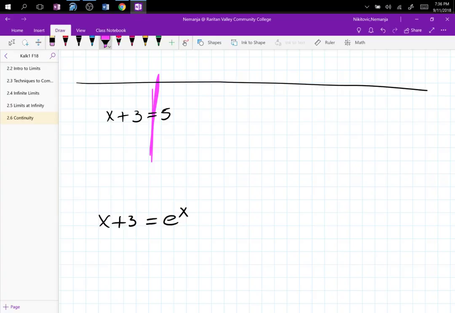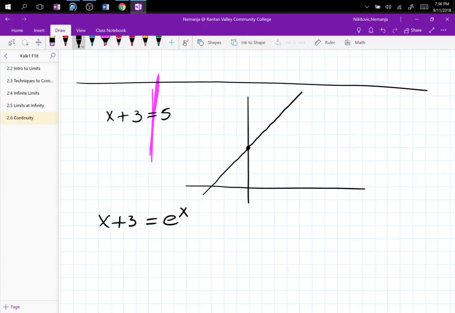So let's solve our first example. I know you all went in your head minus 3, x equals 2, and yeah. But look at this. On the left-hand side, I have a linear function, y equals x plus 3. On the right-hand side, you have a constant function, y equals 5.